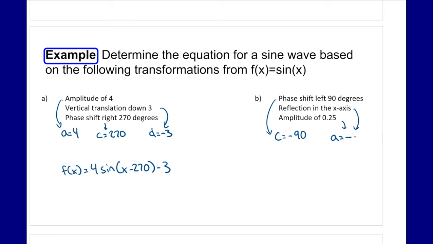Amplitude of 0.25 means the A value is 0.25. So f of x equals negative 0.25 sine of x. You could say minus negative 90, but when you subtract a negative, it becomes plus 90, and then we don't have a D value to worry about.